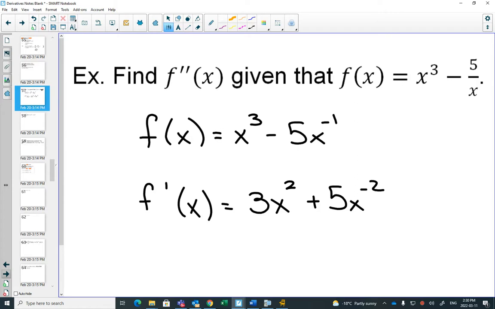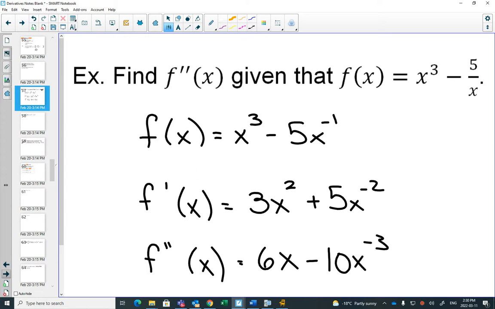Then my second derivative is just the derivative of the first derivative. Again, just power rules. The 2 would come out in front. If my negative 2 comes out in front, this would become negative 10 x to the negative 3. Yes, for sure. Or even, this might even be better up here.